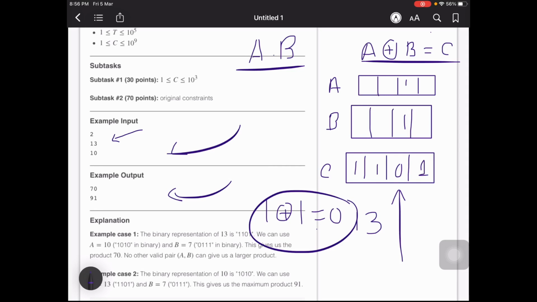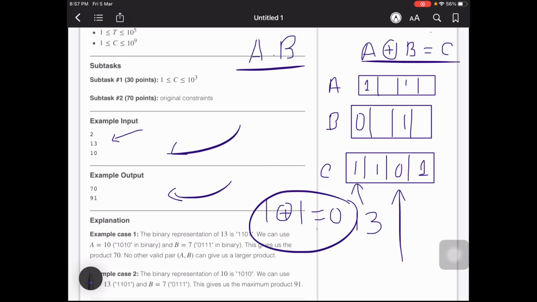The second challenge here is to find all the other bits of a and b. Suppose this bit of c is 1. Now either one of this bit of a and b can be 1. So if a is 1, b has to be 0 such that a XOR b is equal to c. This particular bit, the ith bit.